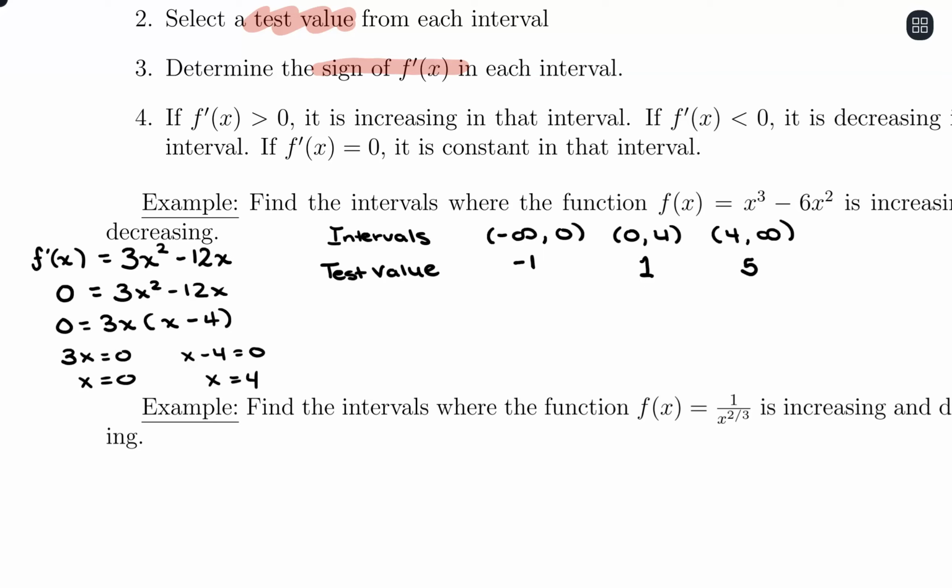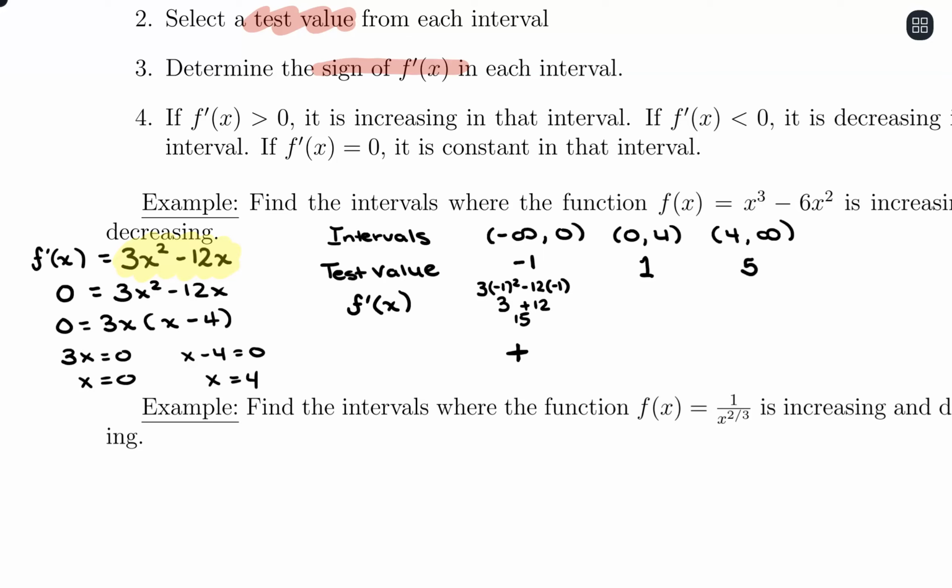So where we have all of those test values, what I want to do is evaluate f prime at those test values. So I'm going to use that f prime of x, so we already found that 3x squared minus 12x, and I'm going to plug in these different values. So 3x squared minus 12x, if I plug in -1, so 3 times -1 squared minus 12 times -1, that's going to be 3 times 1 plus 12 is 15, so that is positive.